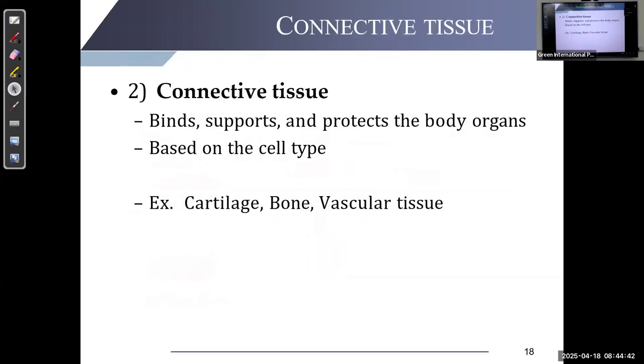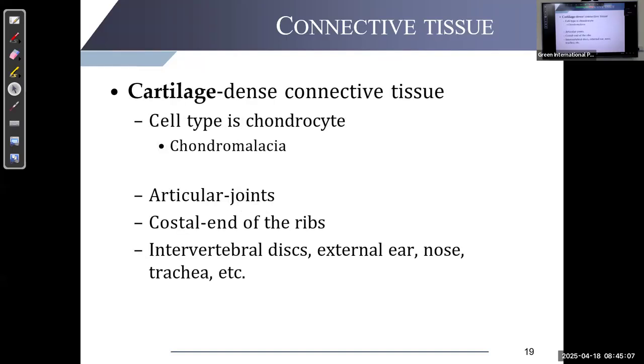Then connective tissue is bone to bone, muscle to bone. Those are connective tissues. So as you told, cartilage, bone, vascular tissue. This is why I asked what vascular tissue is. Then we have cartilage.